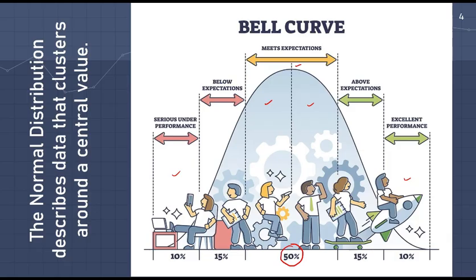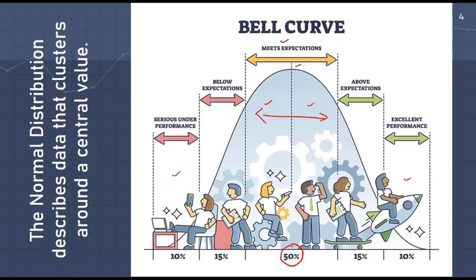The clustering of the employees will be around this meet expectations group. That means most of them will somehow manage to meet the expectation. So you will find that the most number of people are in this particular range from this line to this line. However, the curve tapers off at the end, and there are very few people in the extreme cases. So that's why the normal distribution is very specially and very specifically defined.